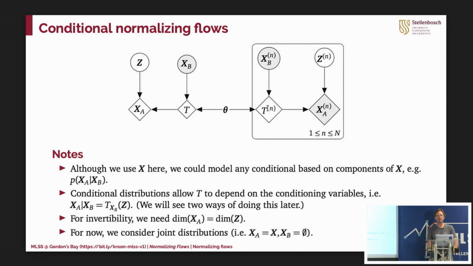And the way we're going to get those transformation parameters for a specific observation is by using another neural network that we train to take XB in and deterministically generate the transformation parameters we need. Then we can use those transformation parameters to generate XA from the base distribution, and I have to generate it so that this transformation is invertible. Okay.